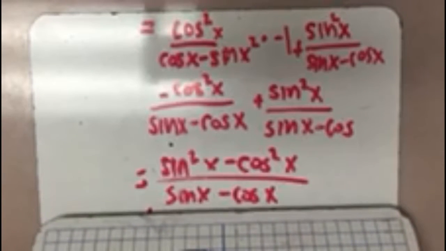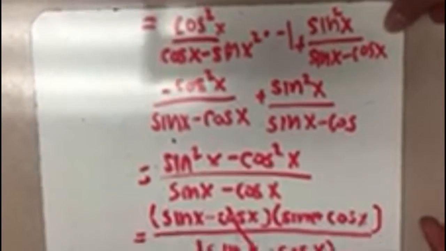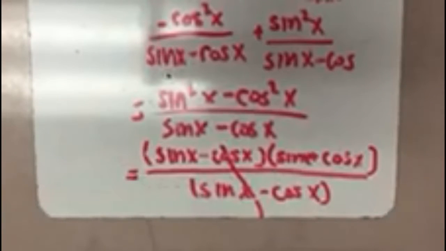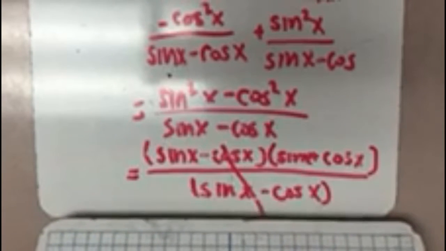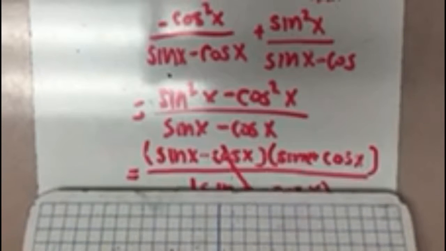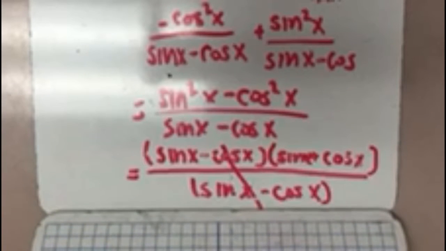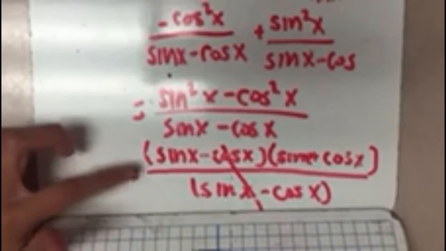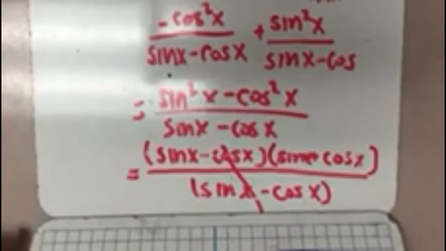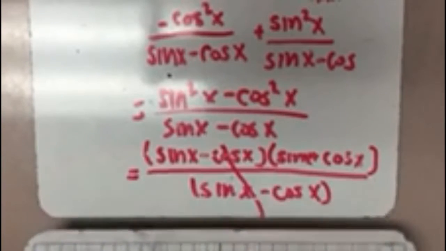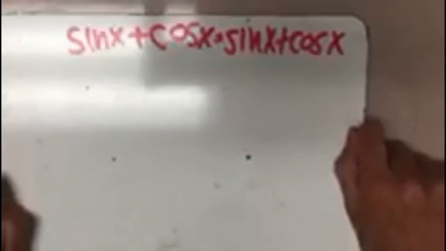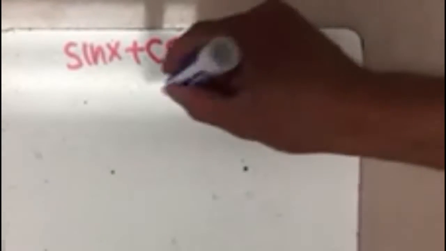And that top numerator you are able to factor into sine x minus cosine x times sine x plus cosine x. And since a term in the denominator and the numerator are the same, you can cross that out since it will equal 1. So what you're left with is sine x plus cosine x equals sine x plus cosine x.